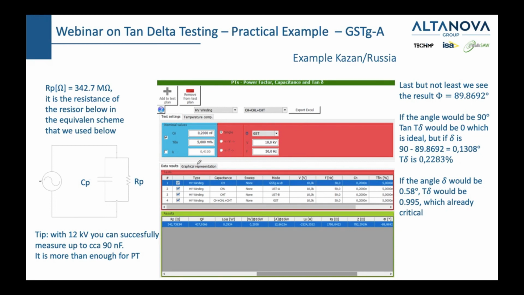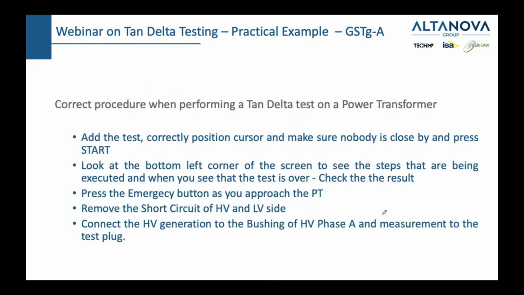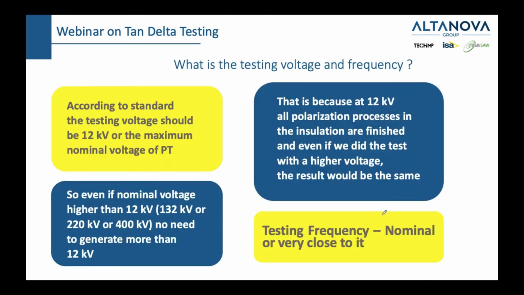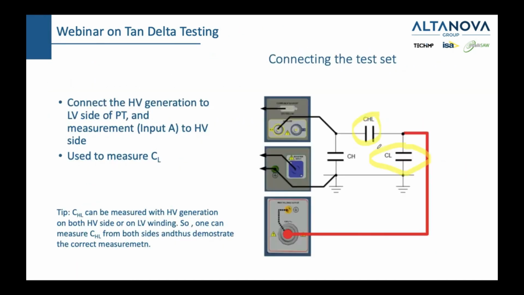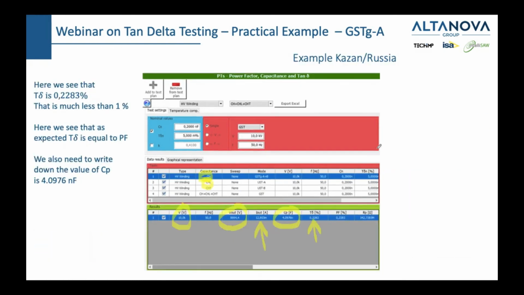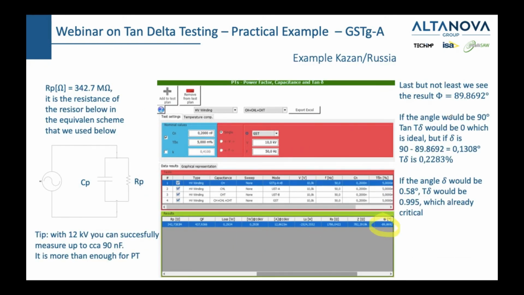Also, one thing which I like to mention is that here you have the angle phi. Just to remind you, the angle phi is not the angle delta. Angle phi is this angle here. This angle should normally be 90. In this case, it is not 90, but it's 89.8692, so it's only 0.13 degrees less than ideal.